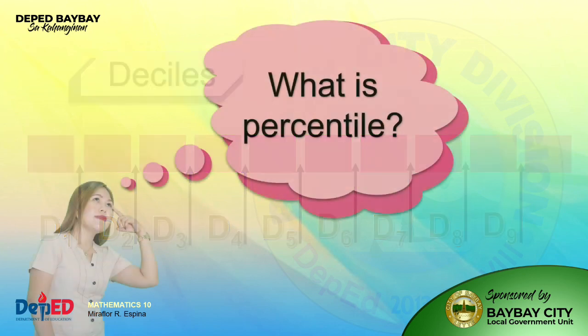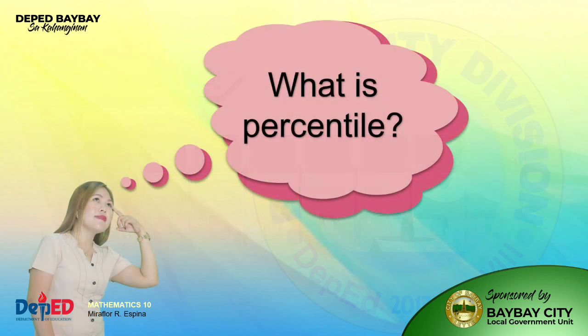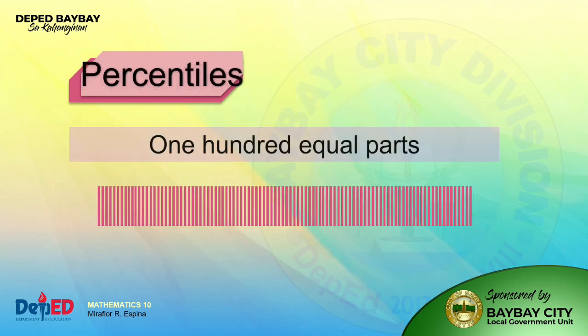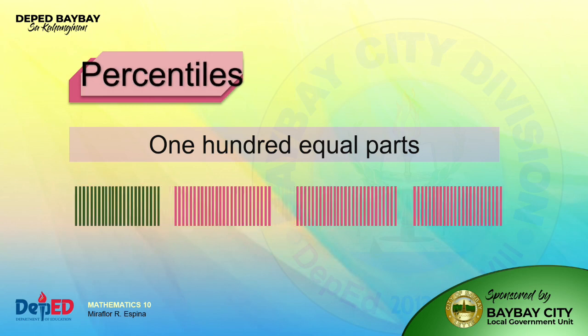So what is percentile then? The percentiles are the 99 score points which divide a distribution into 100 equal parts. The P sub 25 is equal to the first quartile, while the P sub 50 is equal to the second quartile, where the median is also.